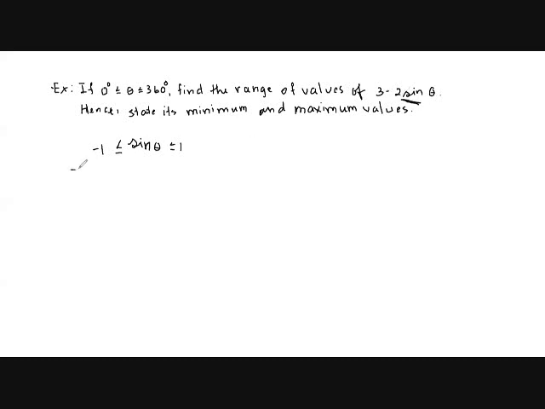And then, this is really important: when you multiply or divide with a negative sign, you have to change the inequality to the opposite side. This is less than or equal, so you change it to greater than or equal.